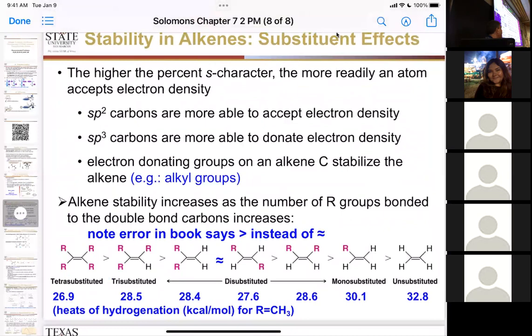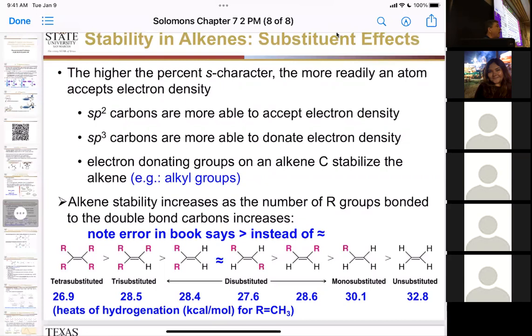One thing to think about here is that the double bond is sp2 hybridized. The sp2 hybridized means it has 33% S character, and the S is the small one on the inside. It holds things more tightly, right? So if it holds electrons more tightly because it's smaller, those sp2 hybridized carbons are willing to accept electrons.